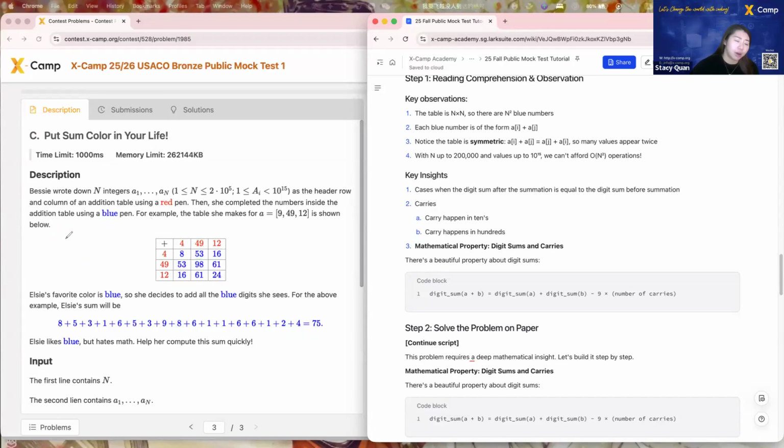Let's think about an example where two carries happen. Let's say 199 plus 4 is equal to 203. Here you had a carry from the ones digit to the tens digit, and another carry from the tens digit to the hundreds digit. Let's see how many nines we lose.